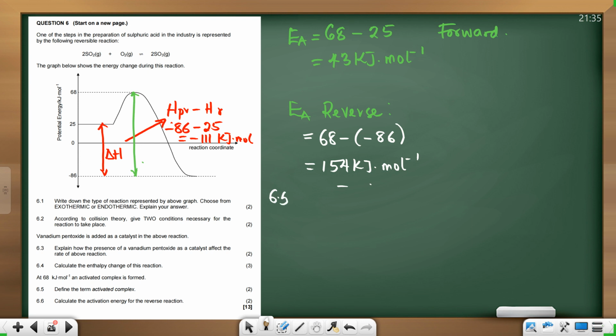6.5. Let's quickly answer that. What is the activated complex? It's not a common definition, but here we are. It's here already, so let's define it. It's an unstable state. An unstable transition, I'll use that word.